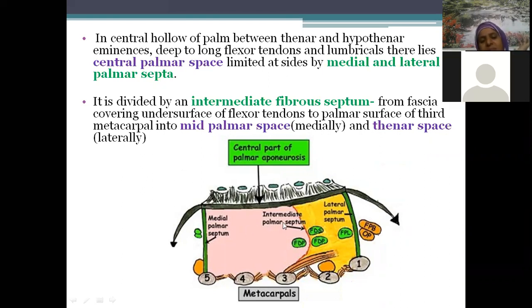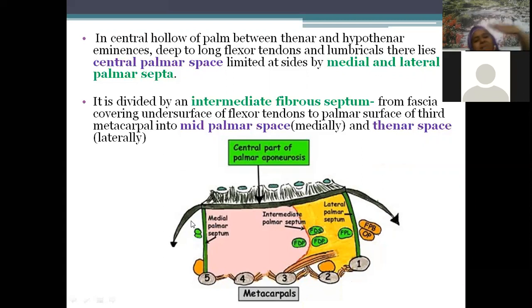Few structures we saw passing deep to the retinaculum. So we saw the tendons of flexor digitorum superficialis, flexor digitorum profundus. So actually, suppose this is palmar aponeurosis, there are septa which are coming down from the palmar aponeurosis, moving downwards.